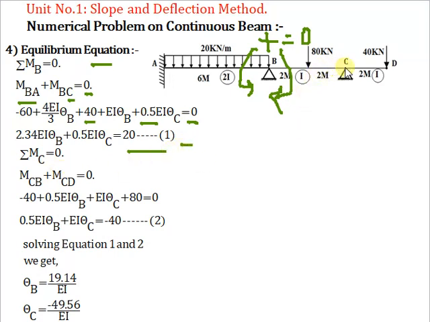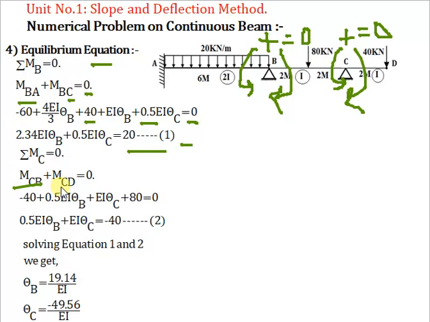Now consider joint C. The moment coming from the member BC is MCB, and the moment coming from the cantilever portion is MCD. Their addition should be equal to 0 to maintain the stability. So that means we have one more equation.